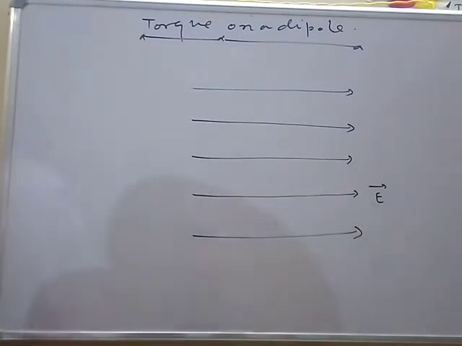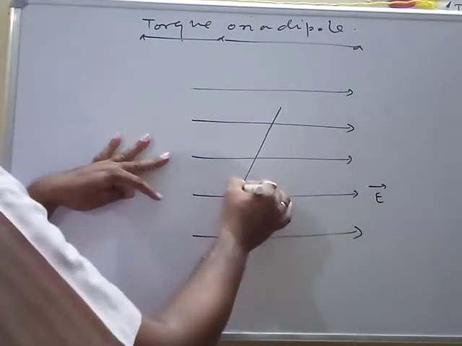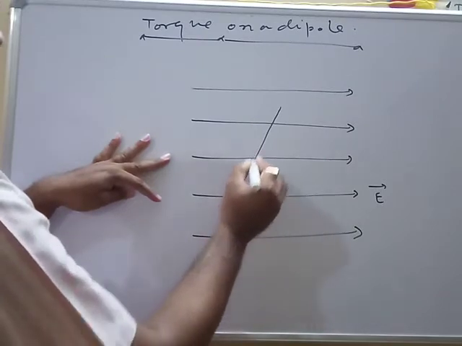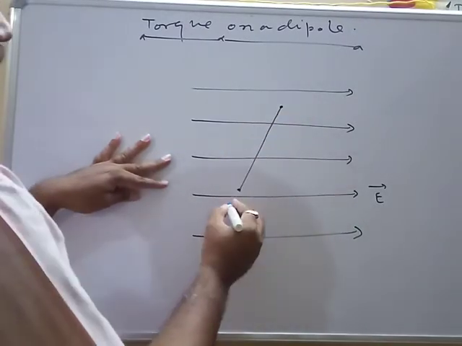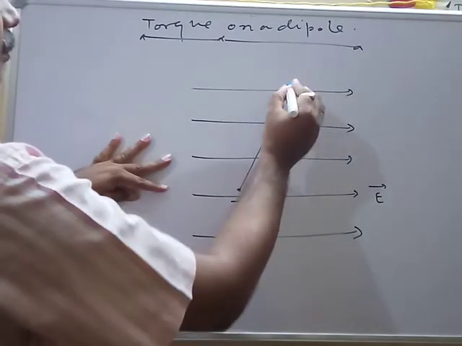Let E be the uniform electric field, and this is the dipole: minus q, plus q.